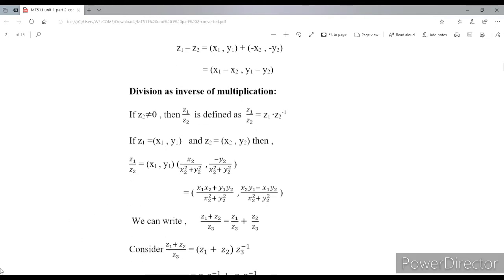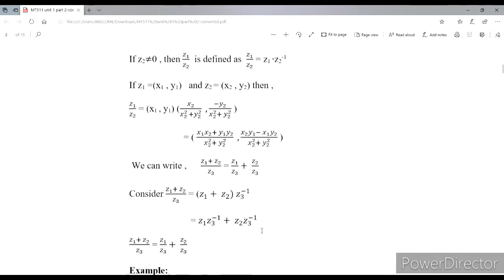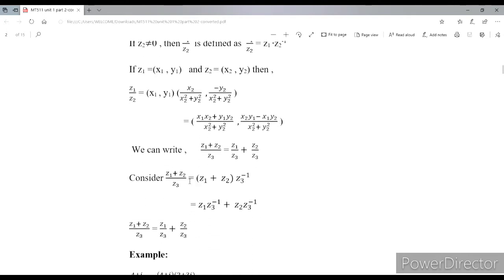Now using this, we can write Z1 plus Z2 divided by Z3 as Z1 by Z3 plus Z2 by Z3. Consider Z1 plus Z2 divided by Z3. We can write it as Z1 plus Z2 into Z3 inverse.